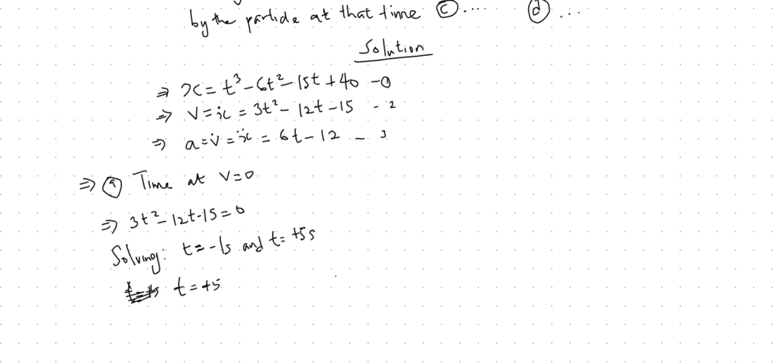So why is that so? That is because it is plus 5 seconds that corresponds to when our motion has started already. Minus 1 does not correspond to when our motion has begun. Plus 5 seconds corresponds to when our motion has begun. So let's plot the graph so that you can see it graphically.